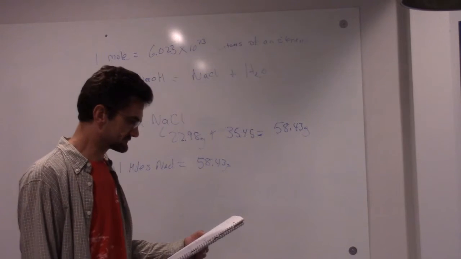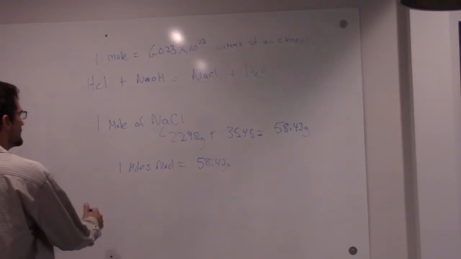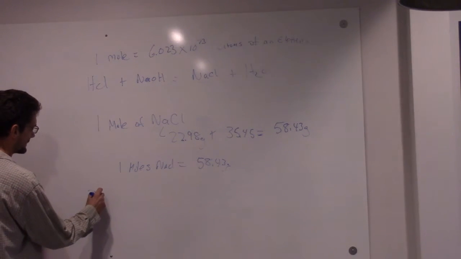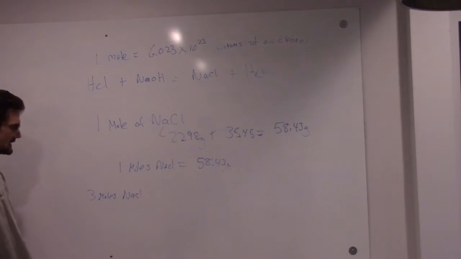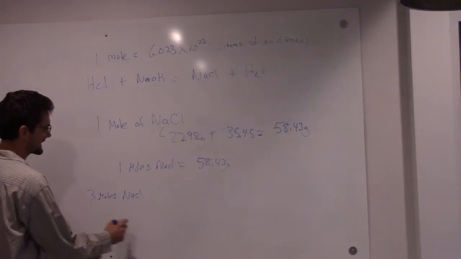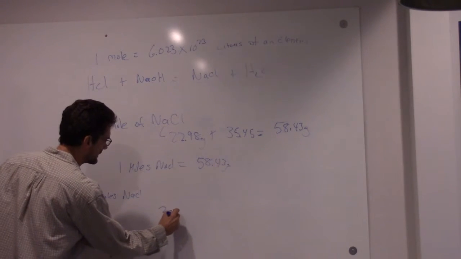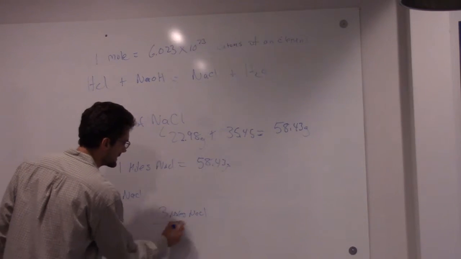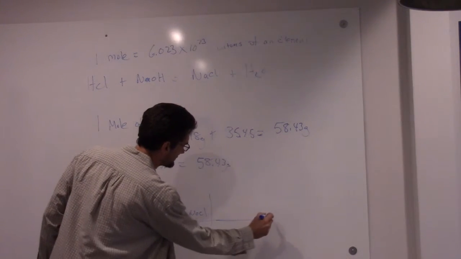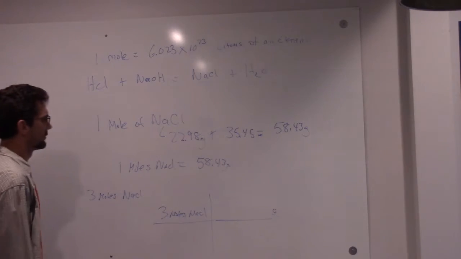Okay, so what would 3 moles of sodium chloride weigh? Well, hey, this is a piece of cake. 3 moles of NaCl. We need to get it into grams, right? We want grams up here. What does 1 mole weigh?